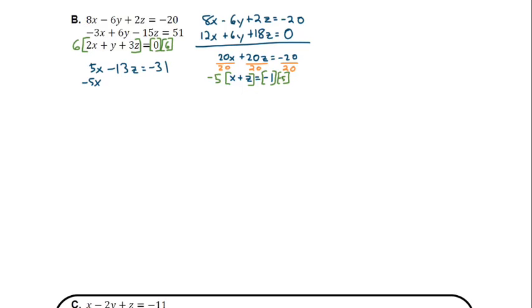Negative 5 times z is negative 5z. And negative 5 times negative 1 is positive 5. Okay? So here we go. 5 minus 5 is 0. Negative 13 plus 5 is negative 18. And negative 31 plus 5 is negative 26.